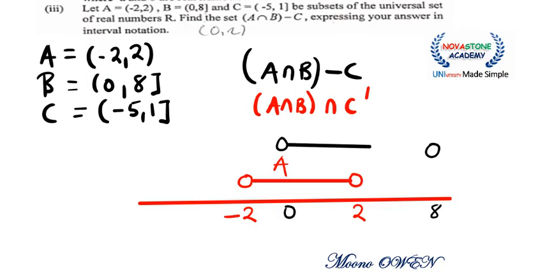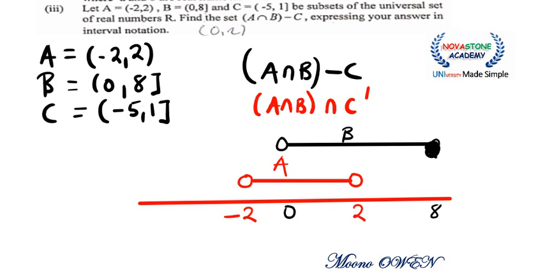If this is our B and I join it like that, the question is which one is included. 0 is not included, it's open, but our 8 is included. Therefore, where there is 8, I'm going to shade. We are saying this is B.